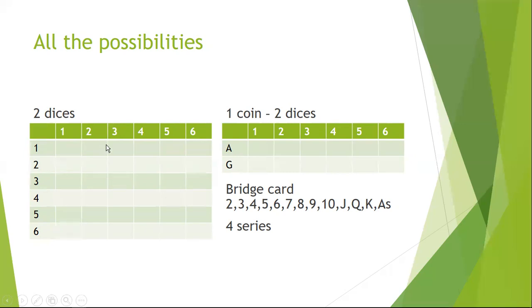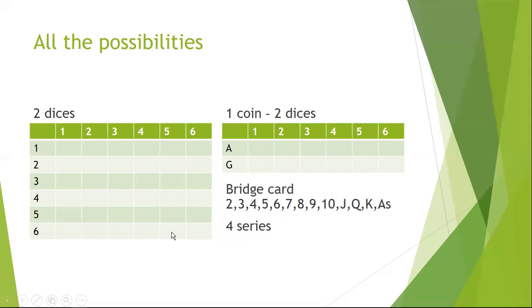We just need to match them and then see what the question needs. If they ask for the probability that both dice show an even number, you can check here and here: 1 2 3 4 5 6 7 8 9 10, so 10 per 36, and then you need to simplify it. That's it.